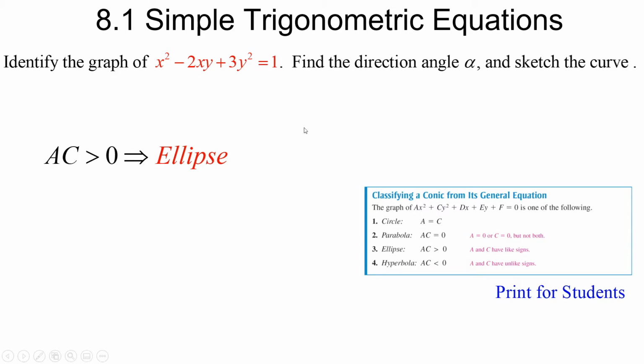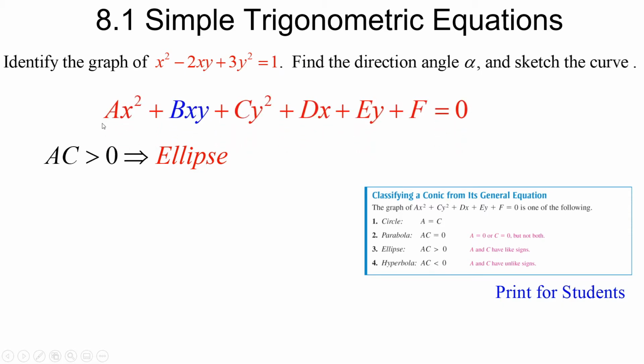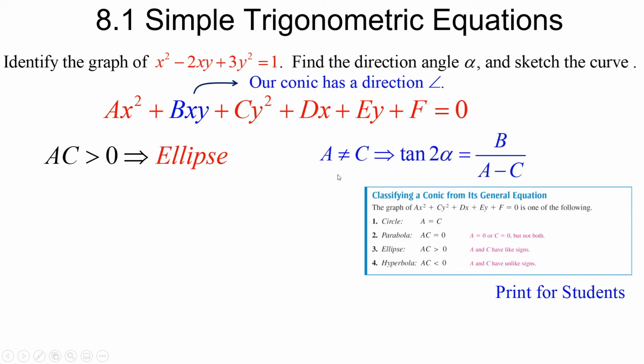Now, next, find the direction angle. Well, you have the theorem from the previous slide to find the direction angle now. And here's my general conic right here. And you know, if B does not equal 0, then our conic has a direction angle. And here it is right here.